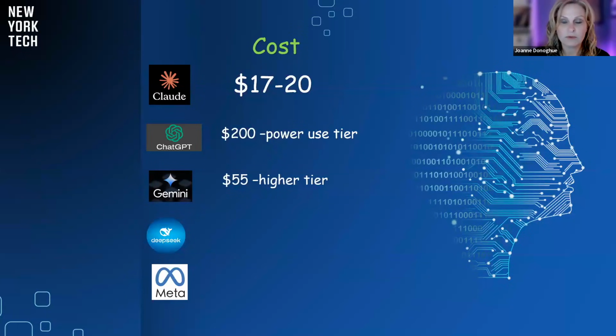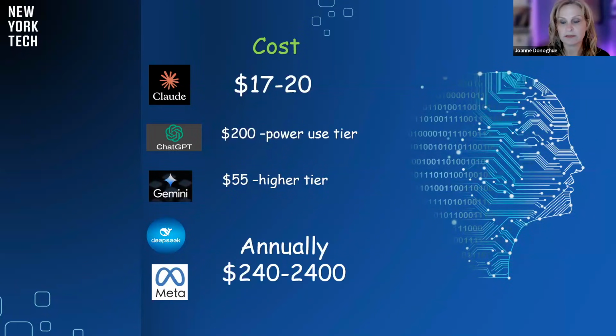But overall, just using a large language model, you're looking at about $240 annually, which again, I don't think is unreasonable, but you can go as high as $2,400 if you're looking for specific tools. So now to use an AI agent, we're looking at cost on top of that. So I'm going to try to narrow it down: when you put your money into something, what AI agent's going to work best for you.